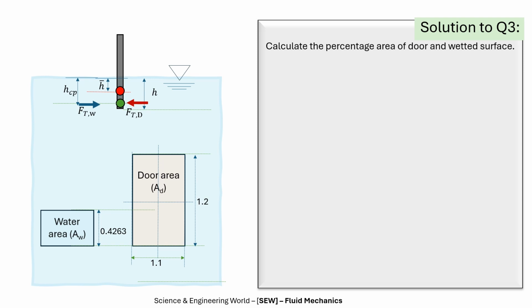The door area AD is equal to 1.1 times 1.2, which is 1.32 meters square.